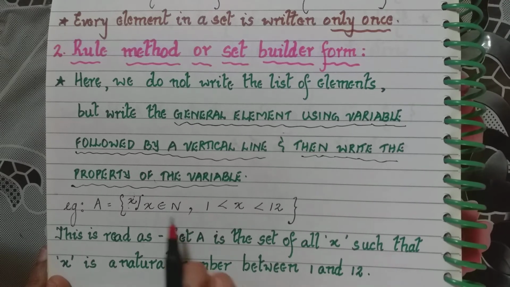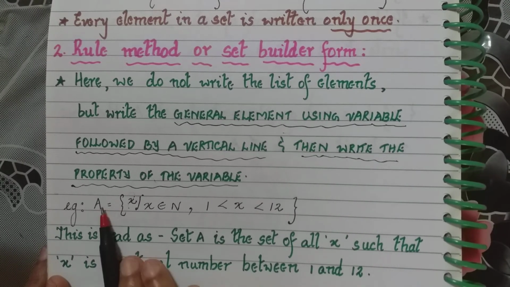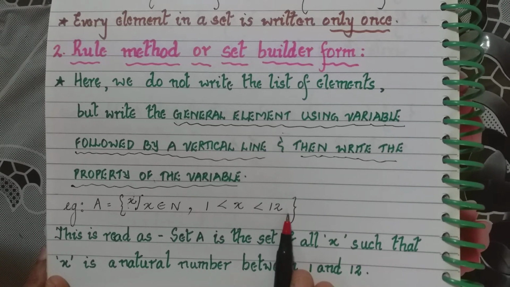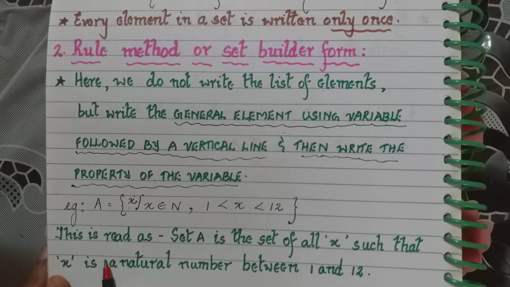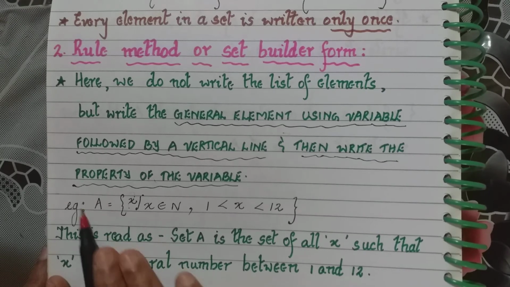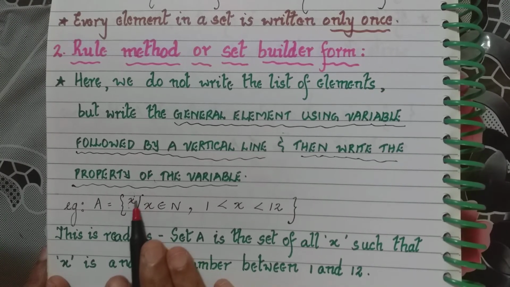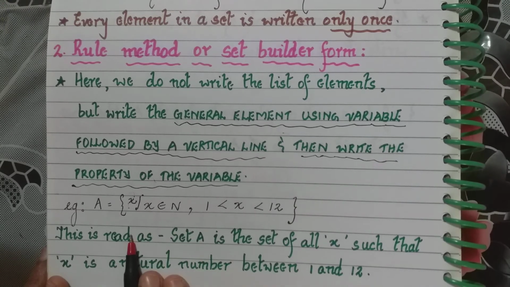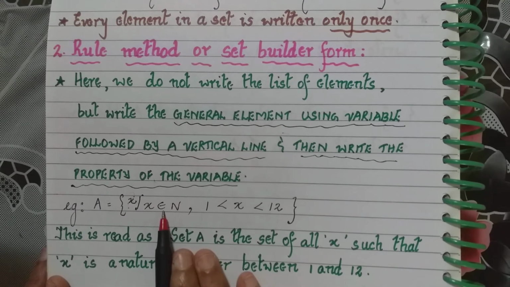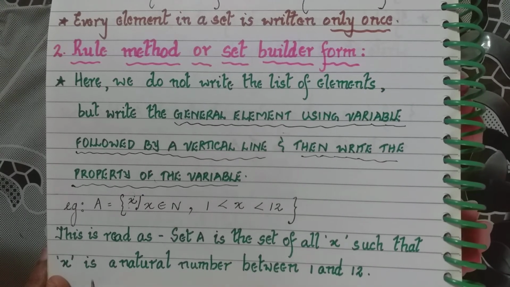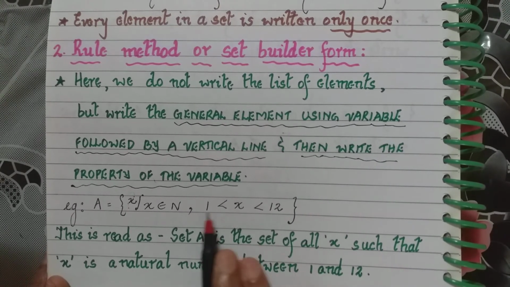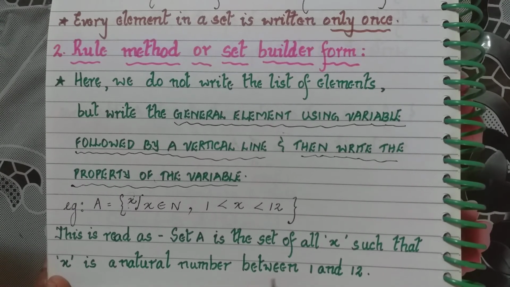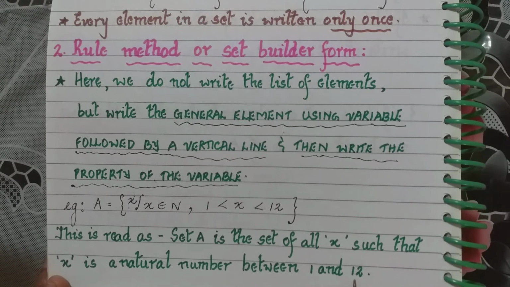Now this you see I have written here to read, how we are able to read this set when it is written like this. This is read as set A is the set of all x. This line is read as such that. So such that x is a, you can either say x belongs to natural number or x is a natural number, and x lies between 1 and 12, or we can say here only together x is a natural number between 1 and 12.